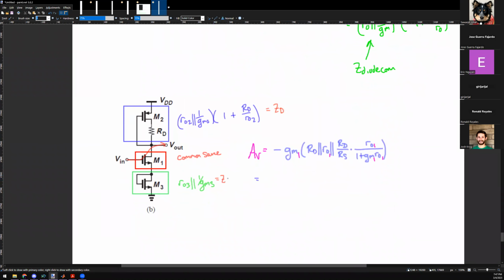So the voltage gain is equal to negative GM1 for MOSFET 1 times RD, which is this thing.